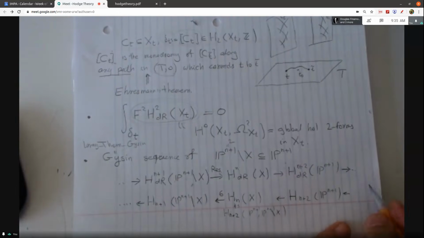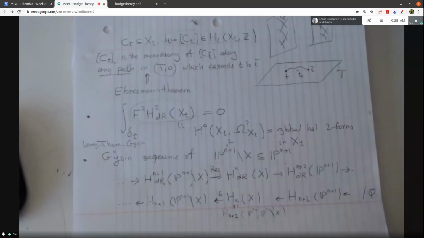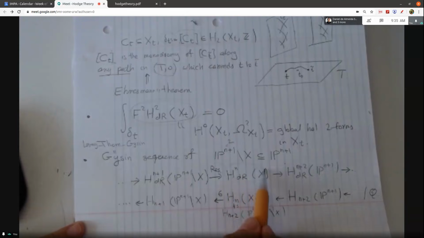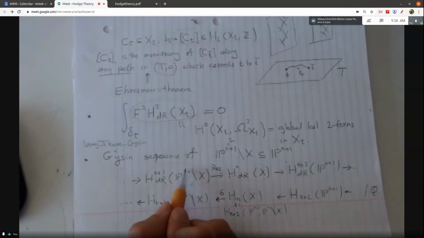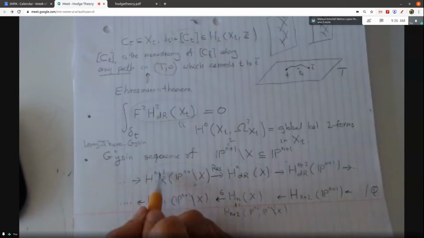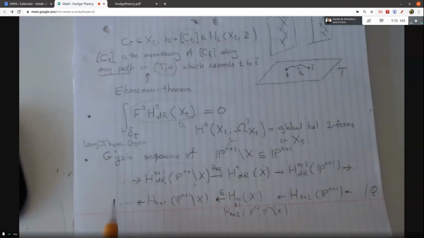I will use the de Rham theorem, so let's write the homology with coefficients in Q. I need to describe the Hodge filtration of the hypersurface. So what we will do is describe the de Rham homology and the kind of Hodge filtration there.